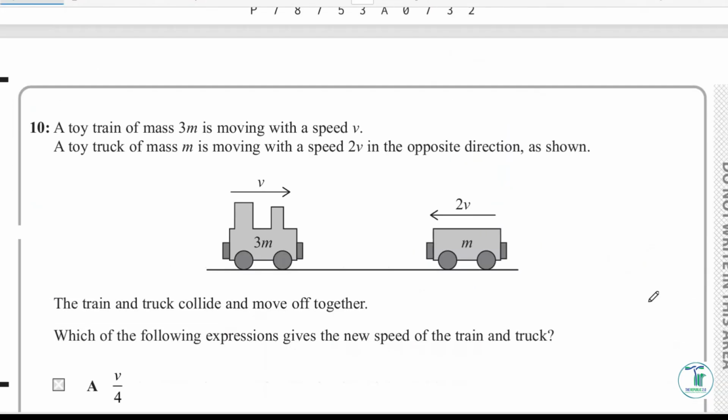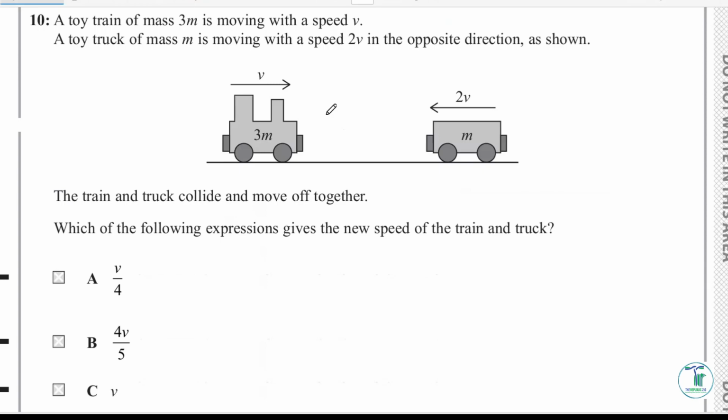At the end of the day, you've got this question, and you've got the 3m truck moving with a velocity v. This is the mass m truck. The velocity is 2v. And we need to find which of the following expressions gives the new speed of the train and truck, right? So, first of all, the initial momentum of this object, let it be 3mv. Now, since this truck is moving in the opposite direction, this should be minus 2mv.